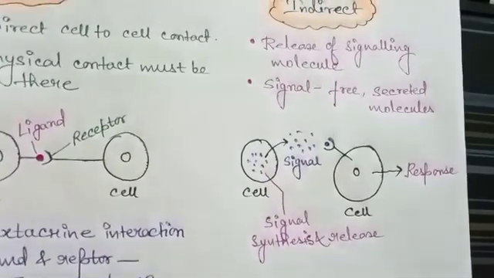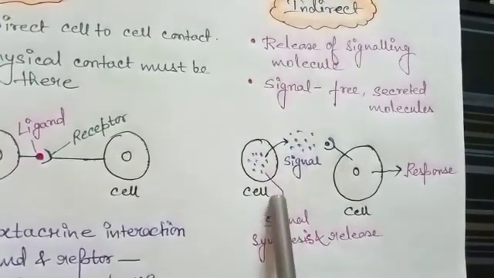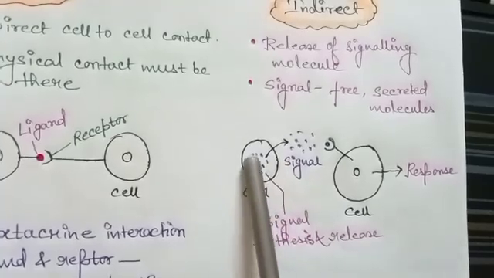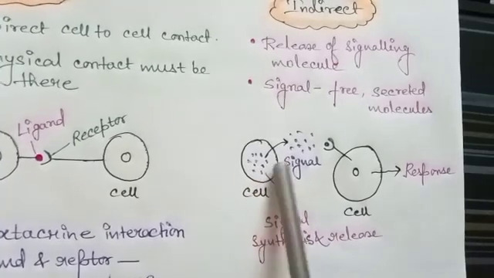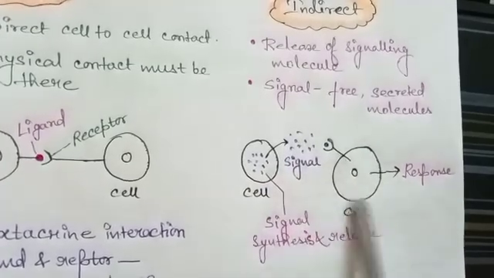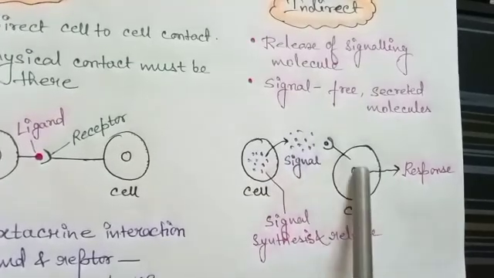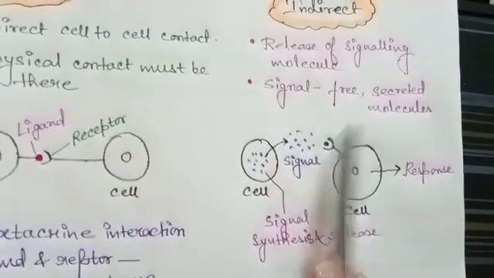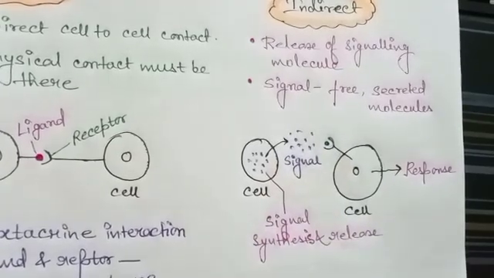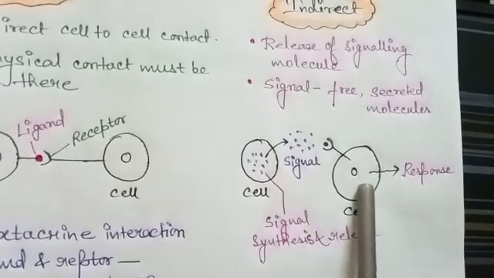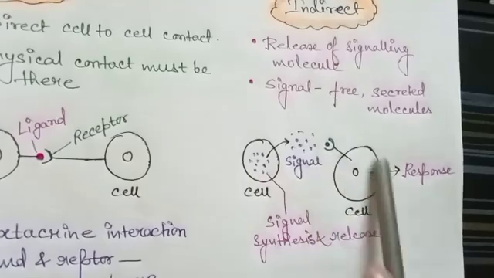Now come to indirect signaling. Here this is a cell, and it has synthesized some signals, and it released those signals. And there is another cell which has receptors, and this signal binds to the receptor, forming the receptor signal complex, and that complex leads to the formation of a response.